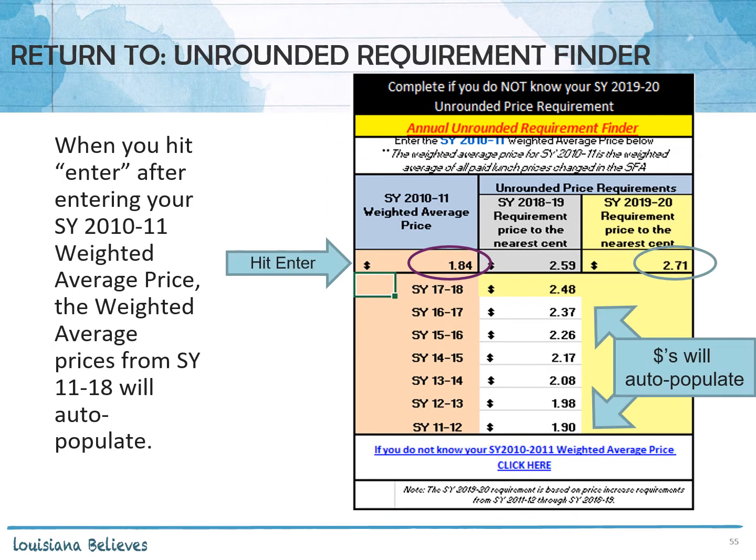When you hit Enter after entering your school year 2010-2011 weighted average price, the weighted average prices from school years 2011 through 2018 will auto-populate, as well as the gray and yellow boxes to the right of where we entered $1.84. Please note that we will be pulling the value from the yellow box to enter into Step 1, which is above this table on the Unrounded Requirements Finder tab.